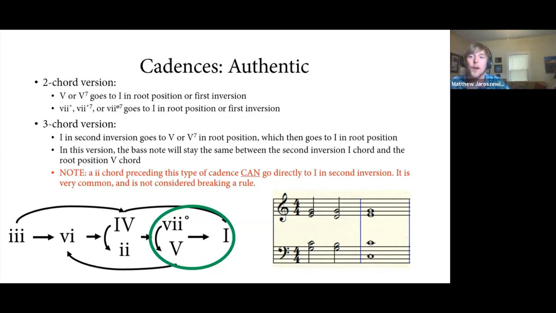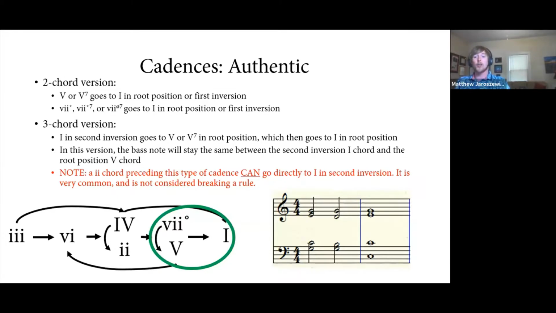The 3-chord version, in this instance, 1 in second inversion starts this cadence. The 3-chord version is what I've pictured here in the bottom right-hand corner of your screen. We start with 1 in second inversion, with G in the bass, with the 5th in the bass.